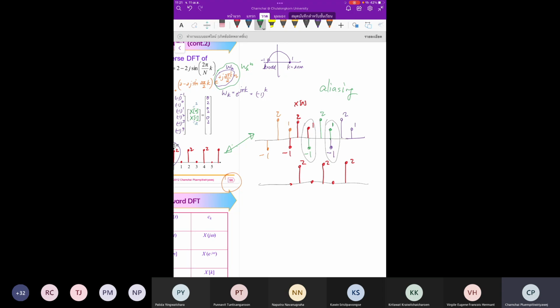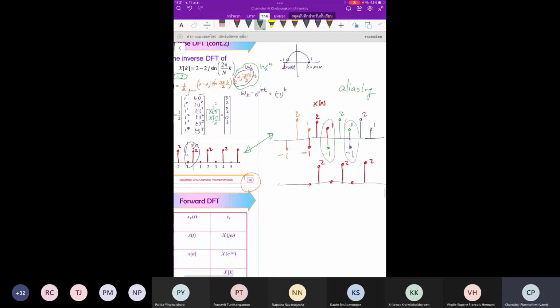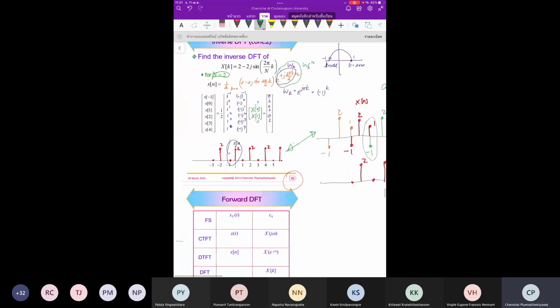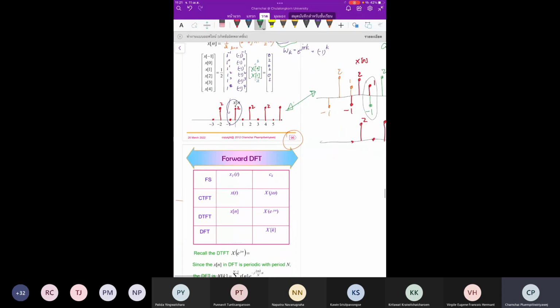You need the sampling frequency to be high enough to avoid aliasing. Aliasing means when you shift it over, it doesn't go beyond, so there's some overlapping part. It's called aliasing, and that's pretty much it.